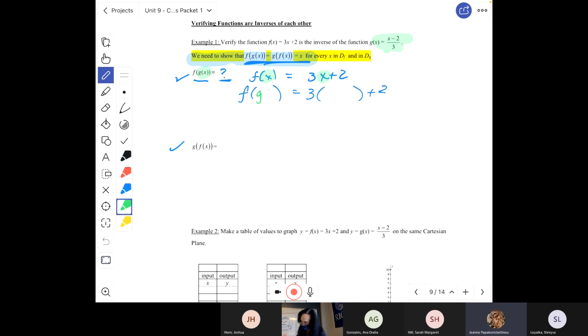G of x is x minus 2 over 3. So then I'm going to simplify. And I'm going to be left with, for the composition, f of g of x, what am I going to get? Because this is x minus 2 plus 2, so it's x. Don't get excited. We're halfway there. So now I'm going to start on the outside.